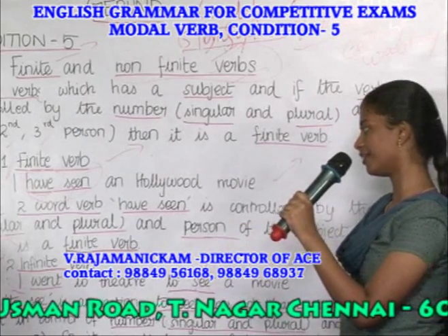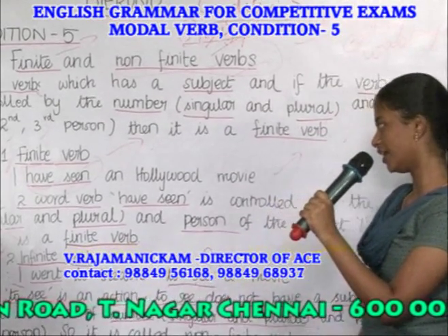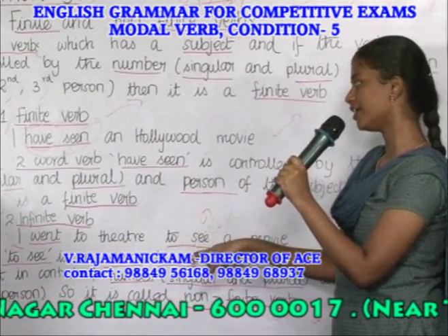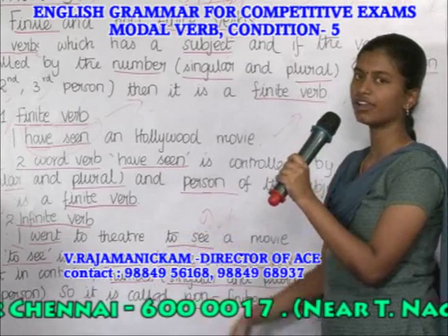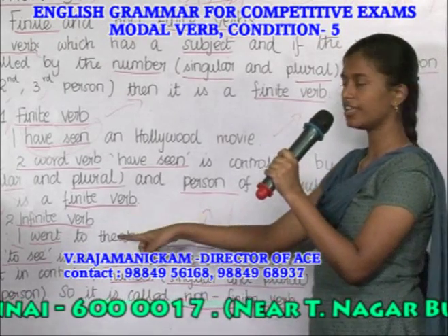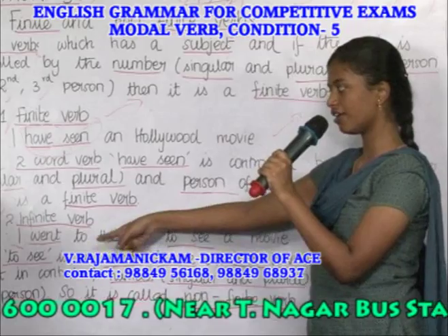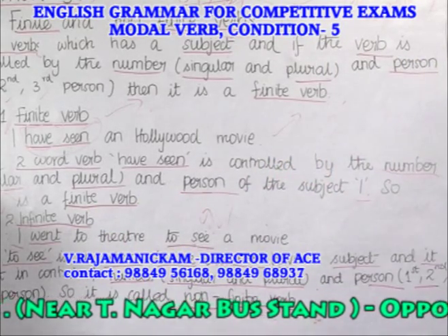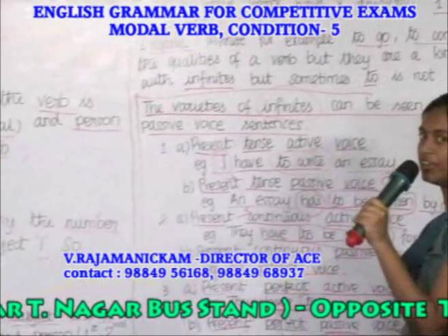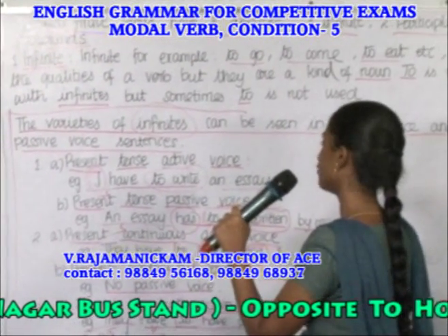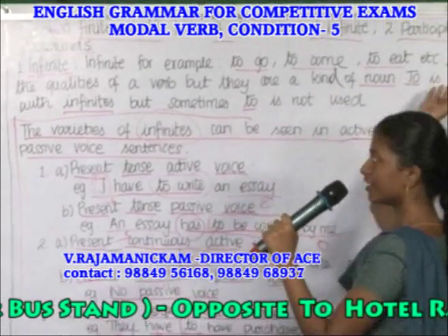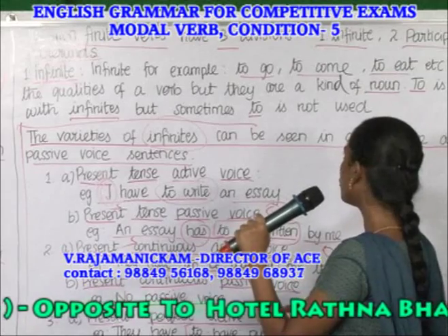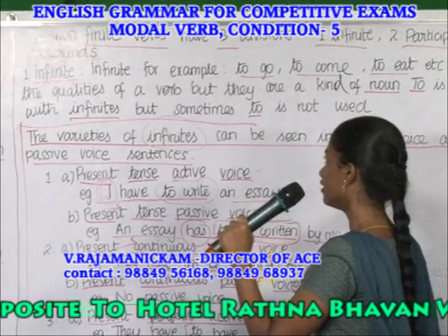I went to theatre to see a movie. இதில் to see என்பது இன்ஃபைனைட் வினைச்சொல், ஏனென்றால் அது எழுவாயால் கட்டுப்படுத்தப்படவில்லை. went தான் இதில் ஃபைனைட் verb, ஏனென்றால் அது ஐ மூலம் கட்டுப்படுத்த முடிகிறது. நான்-ஃபைனைட் verb மூன்றாக பிரிக்கப்பட்டிருக்கிறது: இன்ஃபைனைட், பார்ட்டிசிபிள்ஸ் அண்ட் ஜெரண்ட்ஸ். இன்ஃபைனைட் verb என்னென்னு பார்த்தீங்கன்னா to go, to come, to eat etcetera.